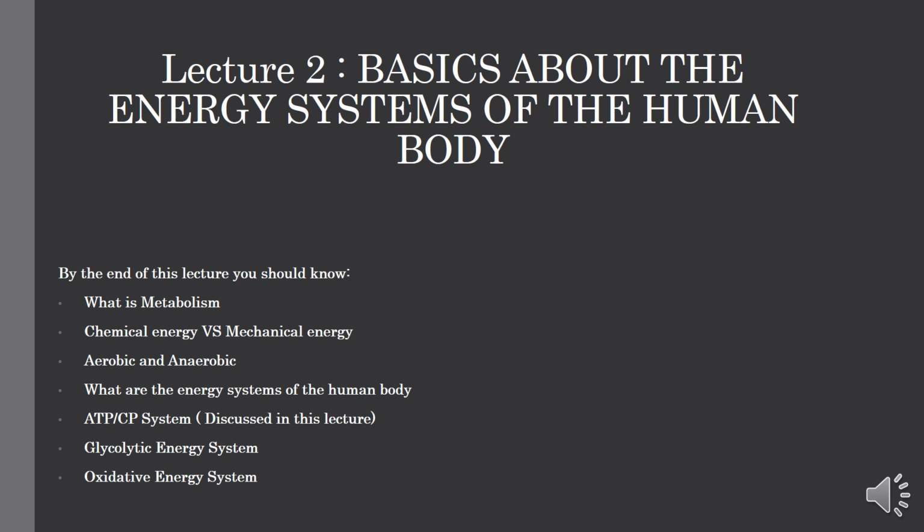What are the energy systems of the human body? Now there are three energy systems of the human body. The first one being the adenosine triphosphate creatine phosphate energy system, which is going to be discussed in this presentation. However, the other two energy systems, the glycolytic and the oxidative, will be studied in future lectures.